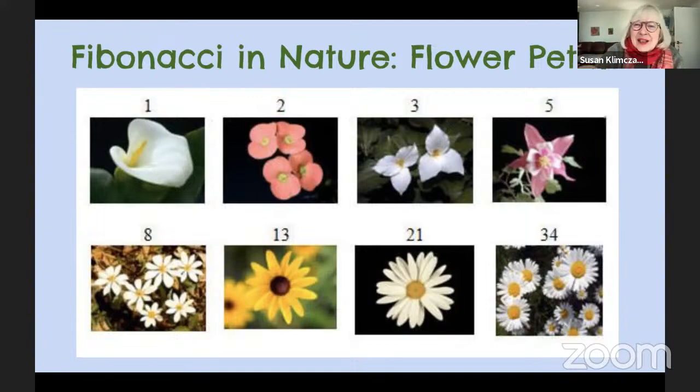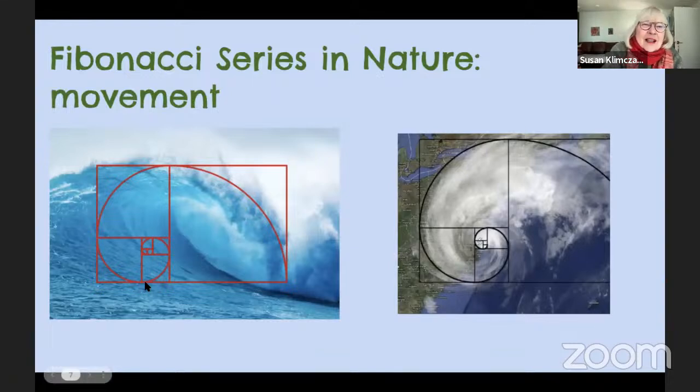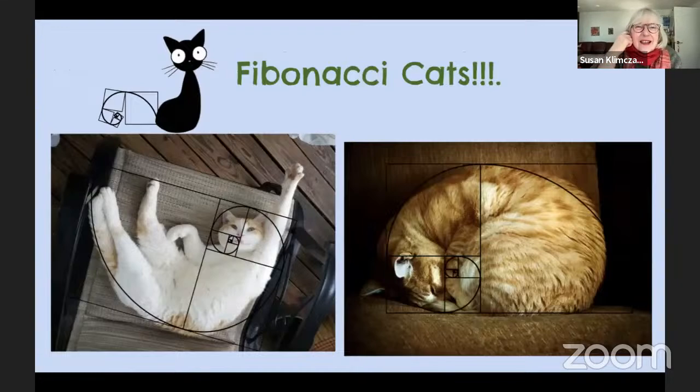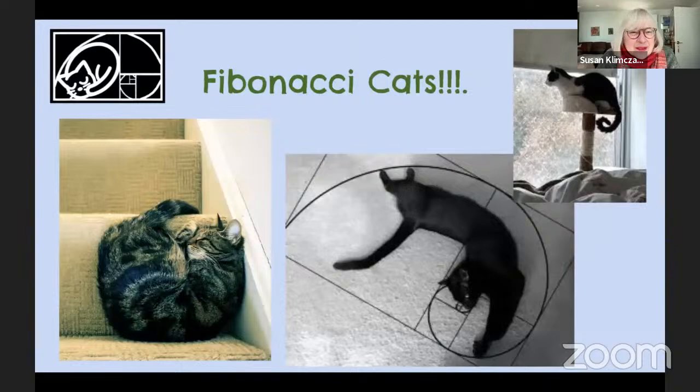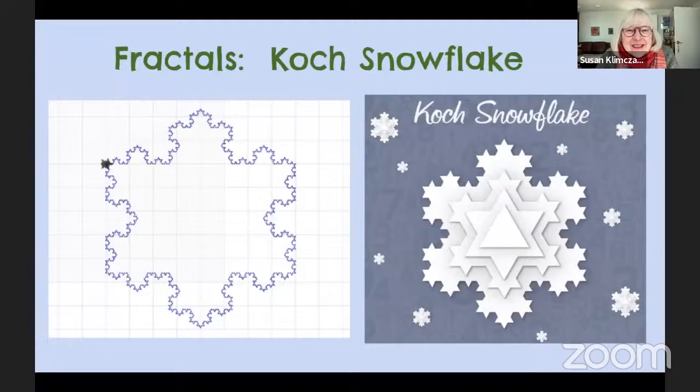So you can see each of these flowers has a Fibonacci number of petals in it. It also appears in movements in nature, for instance, waves and hurricanes. It also appears in cats. And I thought I would show a few Fibonacci cats in their natural poses. So there you go. Oops.